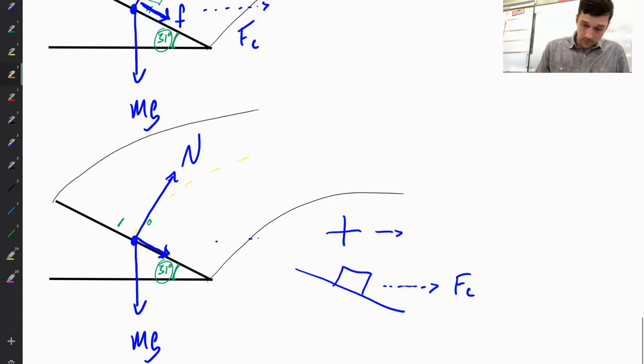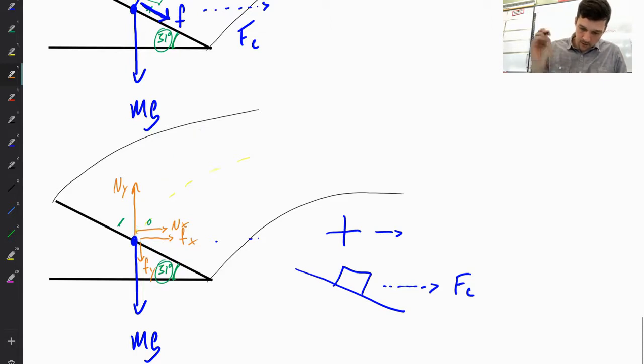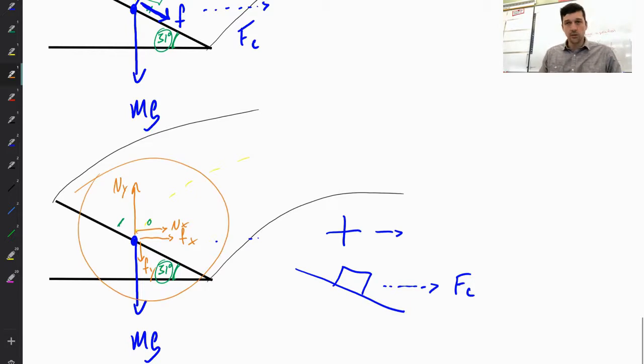So we're going to need friction in the x direction and friction in the y direction, and we're also going to need a normal force in the y direction and a normal force in the x direction. So at this point, I'm now going to erase those original forces, and this set of forces is what we're actually going to use to create our Newton's second law equations.